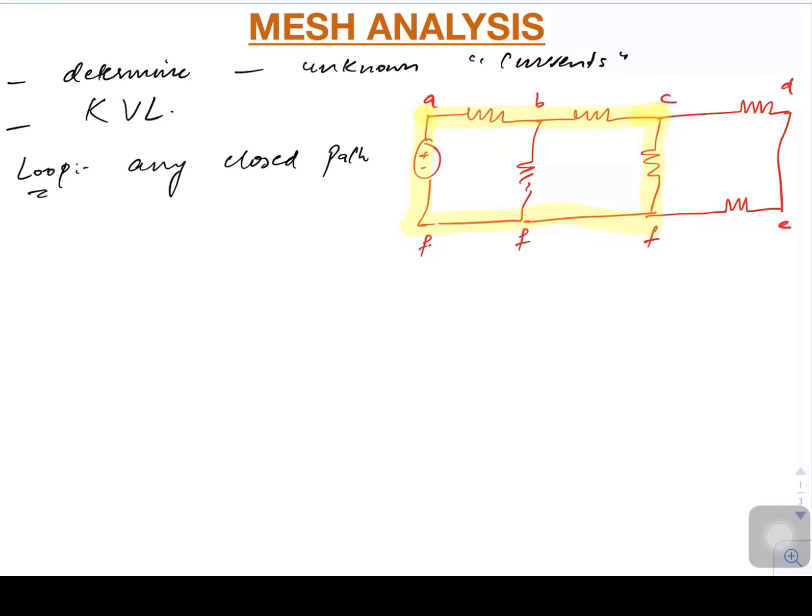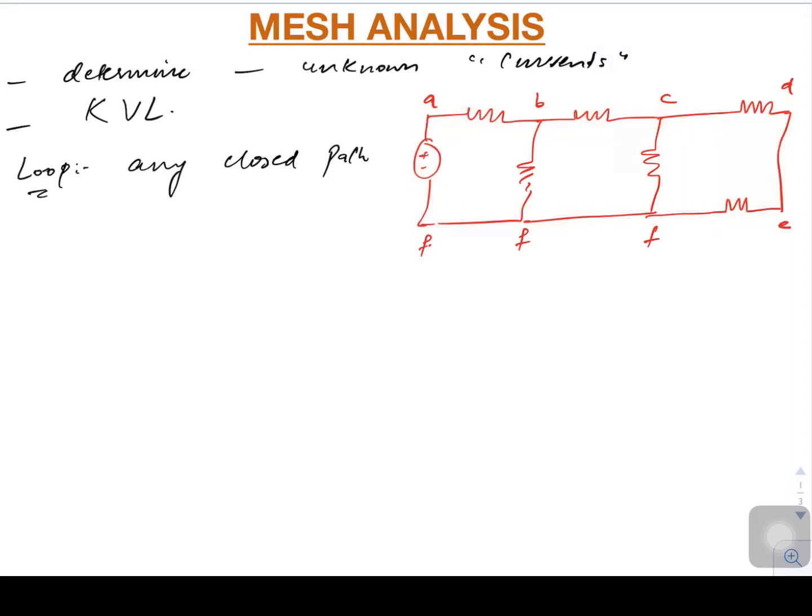It does not matter which path you traverse, as long as you return to the original position, it is a loop. Similarly, this big one is again a loop because it creates a closed path. So this is what a loop is.